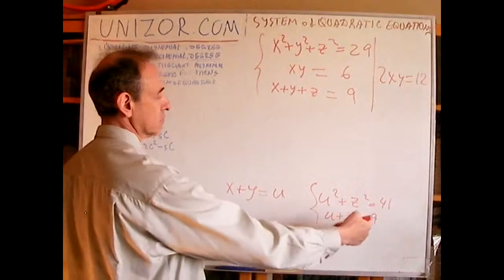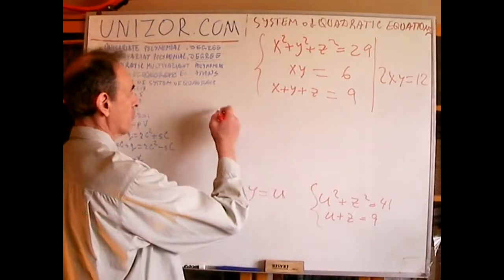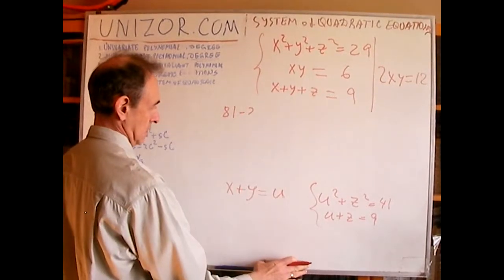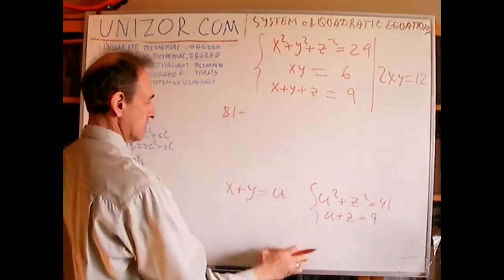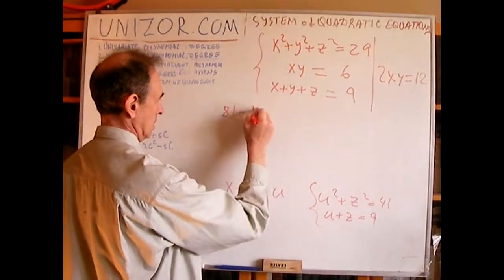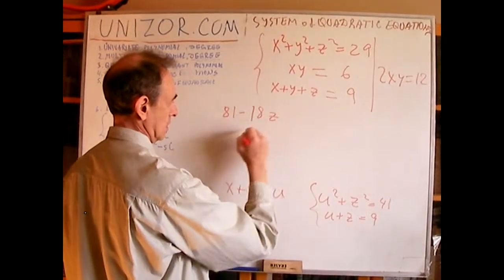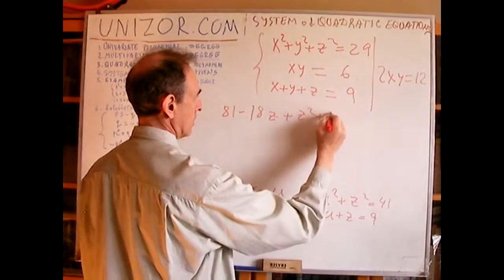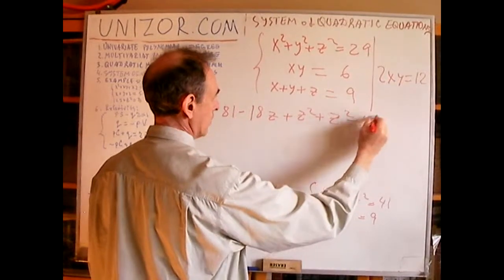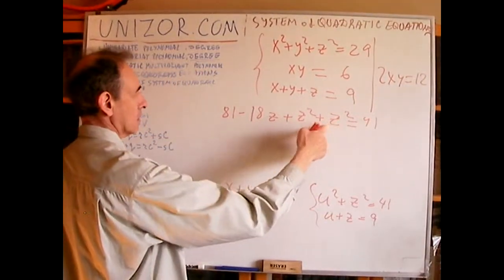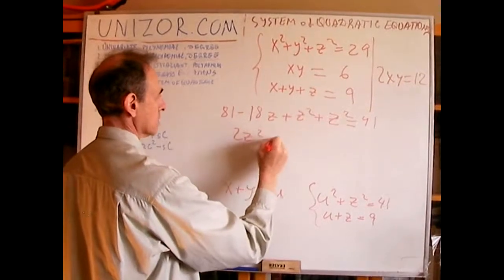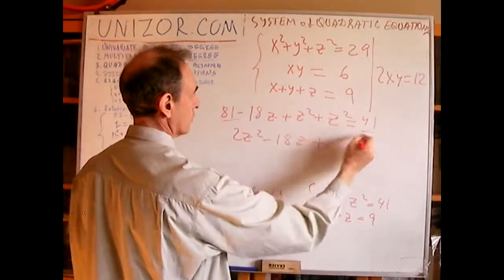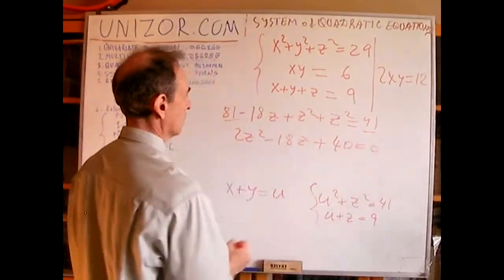So u would be equal to 9 minus z, u squared would be equal to 81 minus 18z plus z squared, plus another z squared equals 41. So 2z squared minus 18z plus 81 minus 41, which is 40, equals 0.